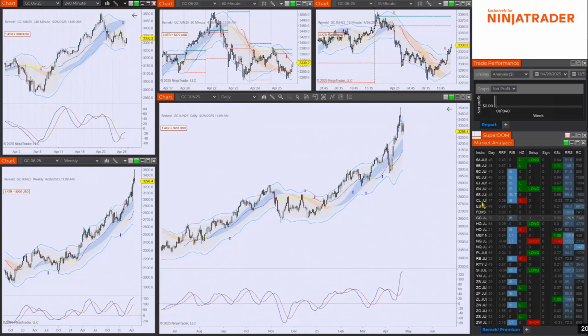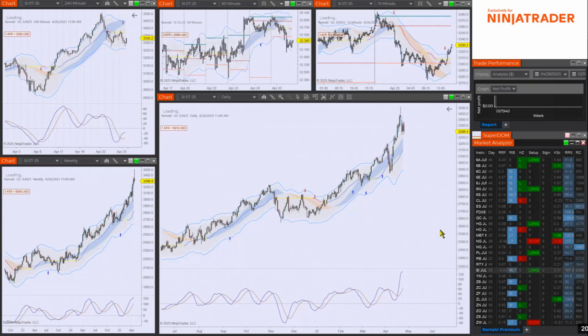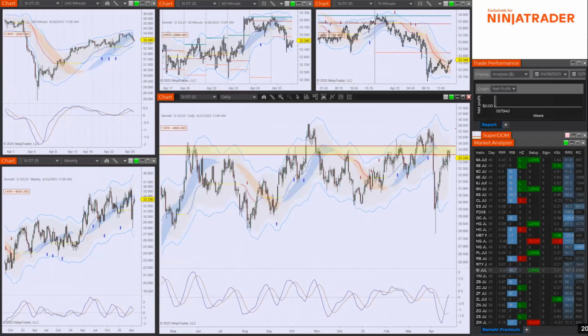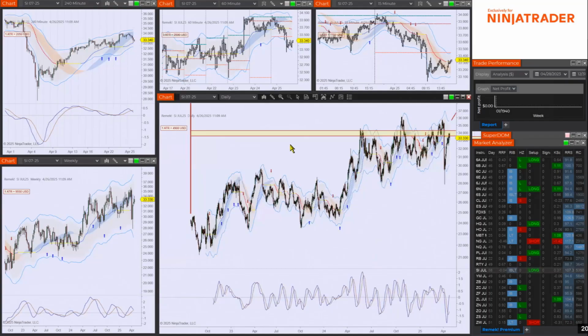However, silver, talking about correlation, silver is acting in somewhat strange and unexpected ways. Historically, there's a strong correlation between gold and silver, and what you see is that what gold has done already, silver hasn't done yet. So I do expect that silver will make a move towards the upside.